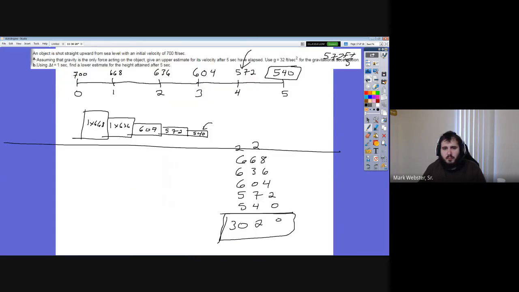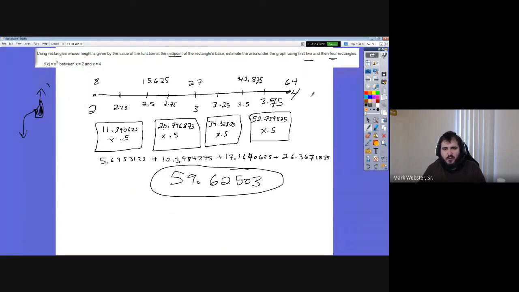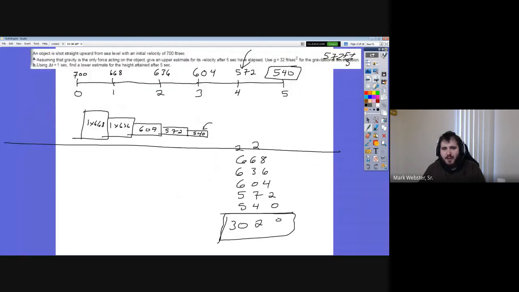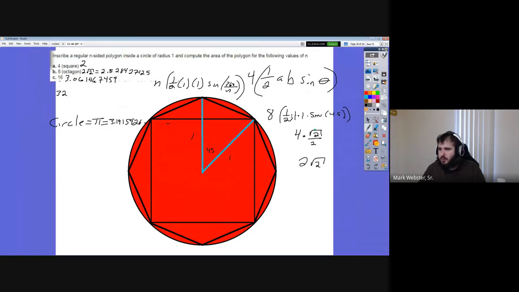Before, we were taking these problems and breaking them into rectangles. We were slicing it into 2 pieces and approximating them. Here with the square, we were slicing it into 4 triangles. With the octagon, we're slicing it into 8 triangles. With the 16-sided, we're using 16 triangles, and so on and so on.